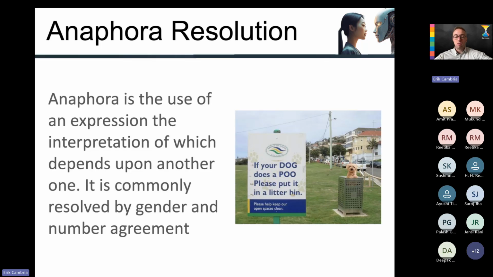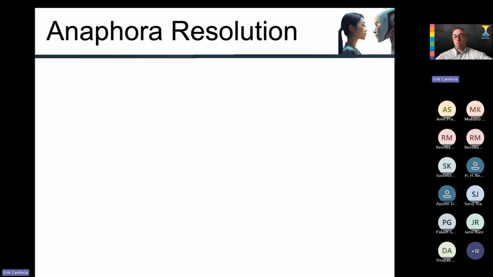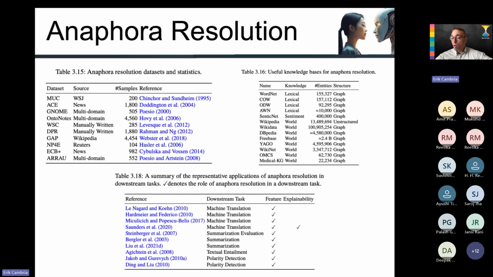So there are very simple algorithms that can do anaphora resolution literally with a few lines of code, but there are a lot of cases where things are not so easy to disambiguate. In some cases, you even need some common sense to know which noun a pronoun refers to.